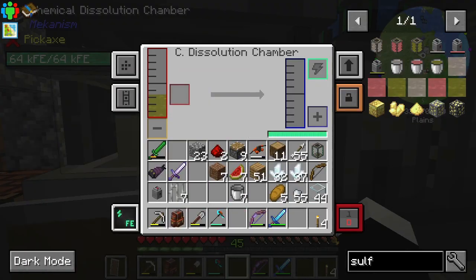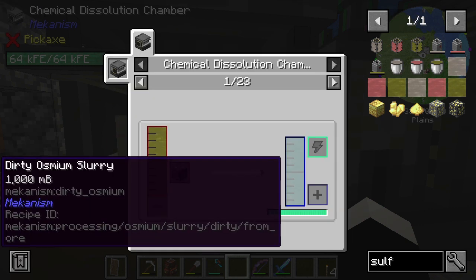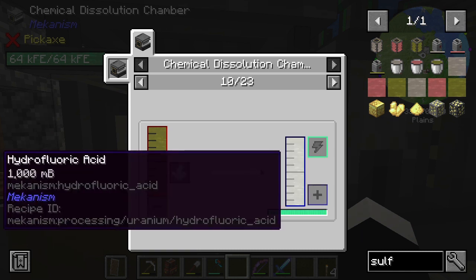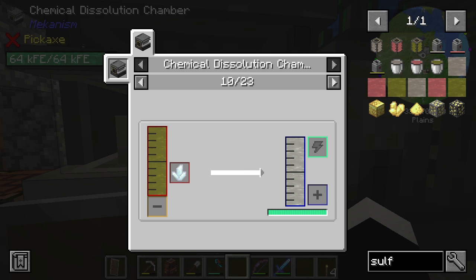So in my chemical dissolution chamber, wait, how am I supposed to? Okay, this makes all kinds of slurries, but there's nothing in here about... Oh, wait, yeah. Hydrofluoric acid must be gaseous as well.